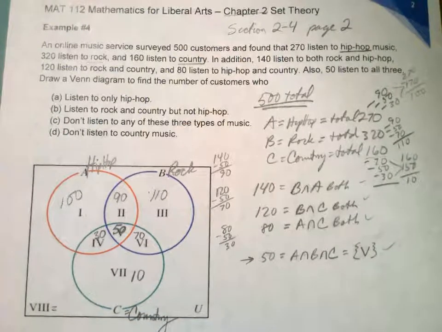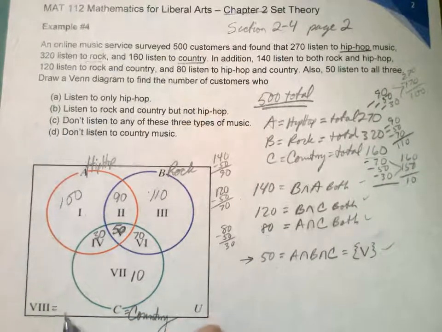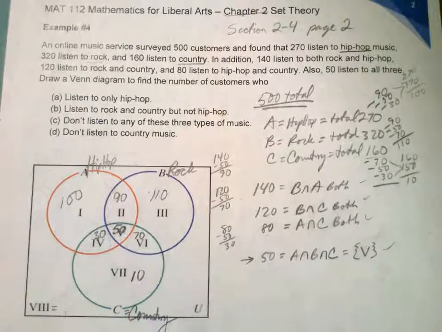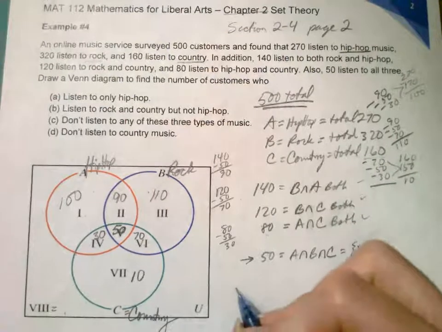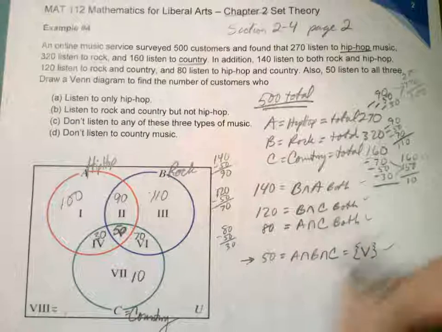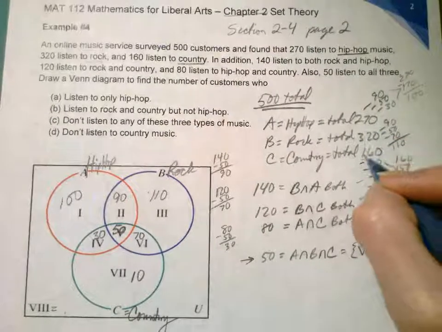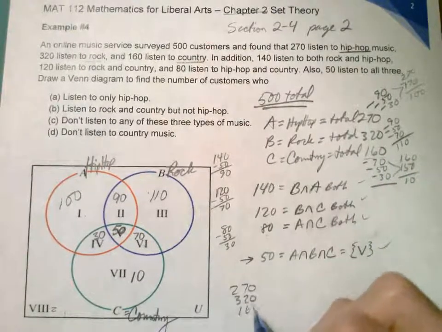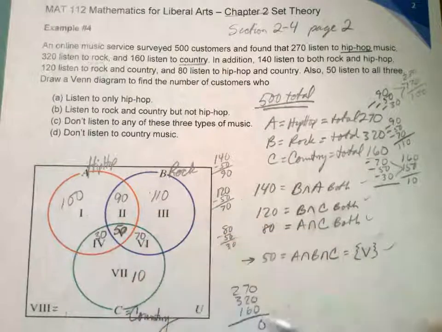And that goes there. All right, but what about here still? Well, I need to know how many people I have put on here because there are 500 total. So the last thing I'm going to do is take all of these and add them up. So 270, 320, and 160 is everything in these three sets.